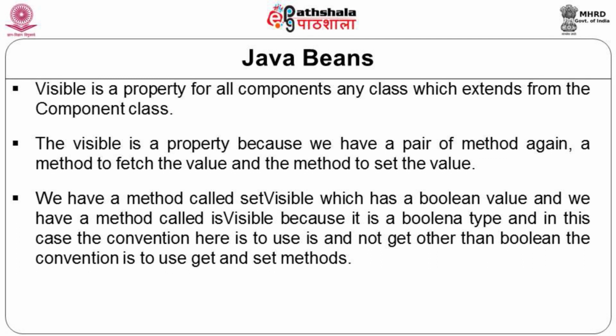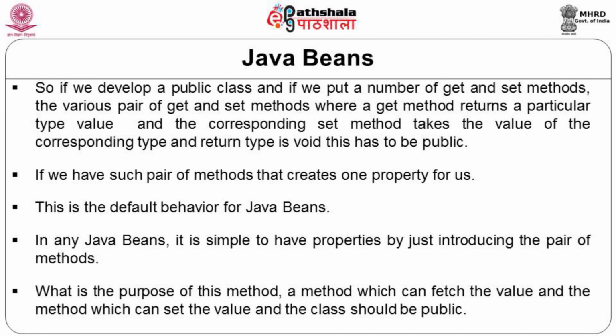So, if we develop a public class and put in a number of pairs of get and set methods, where the get method returns a particular type and does not require a parameter, and the corresponding set method takes a value of the corresponding type and the return type is void, and these have to be public methods again, then such a pair of methods creates one property for us.